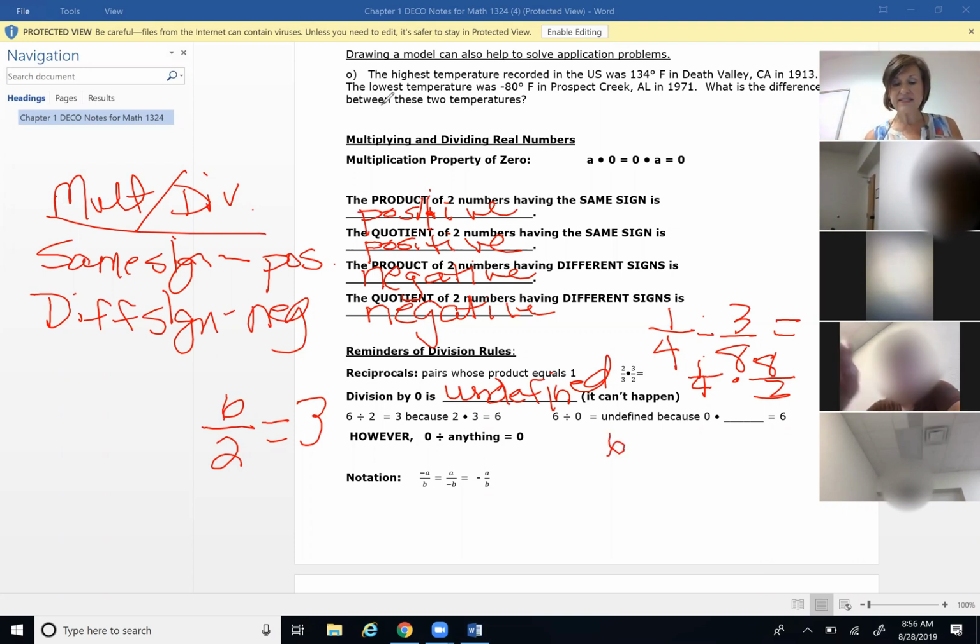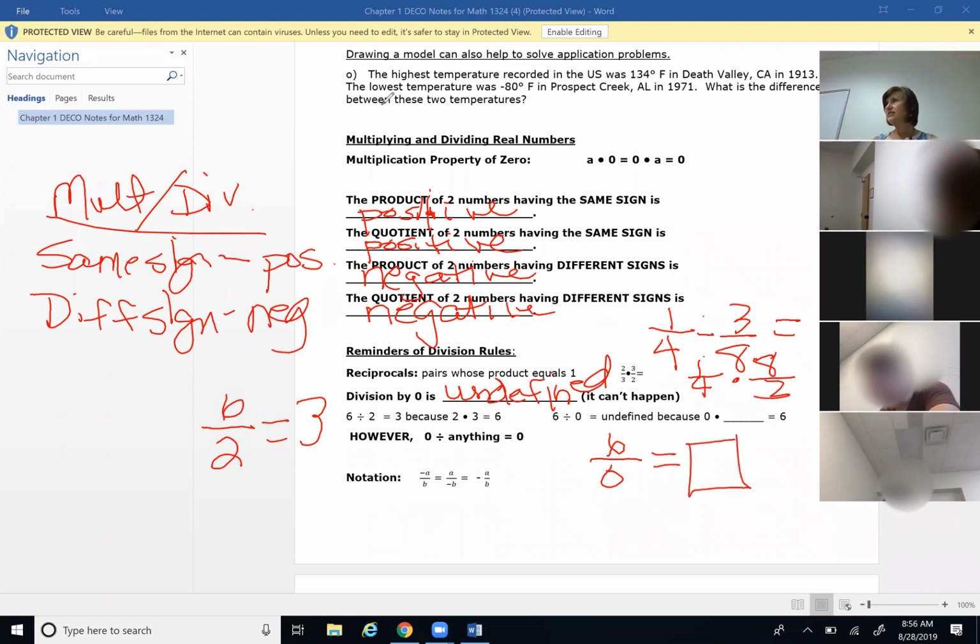Now think about this. If I have 6 and I divide it by 0, a lot of times people will say, oh, that's 0. But stop and think for a minute. 6 divided by 0 is equal to something. What number would I multiply times 0? And the answer is 6. What happens if I multiply anything times 0? It would turn into 0, but that's not a 0 on top, that's a 6 on top.